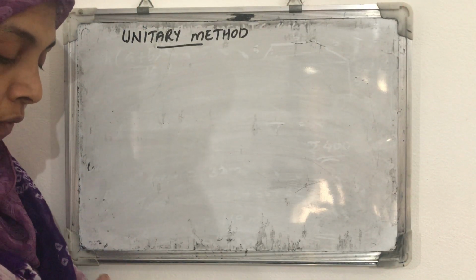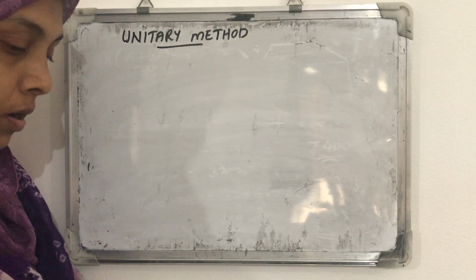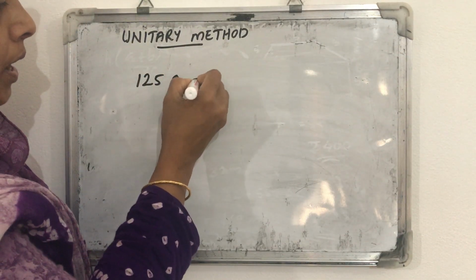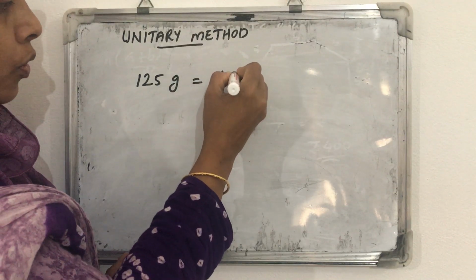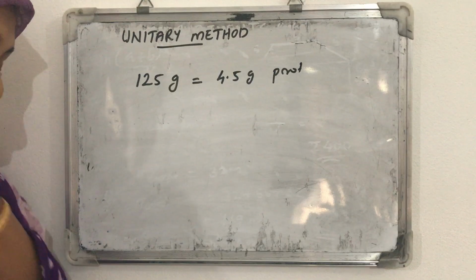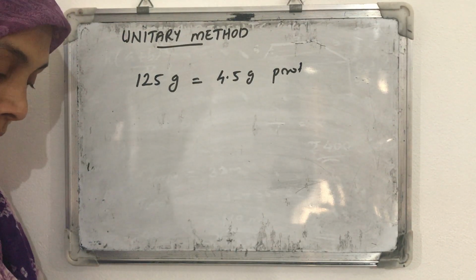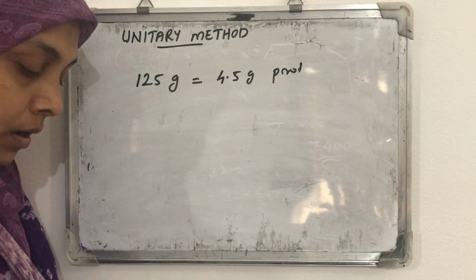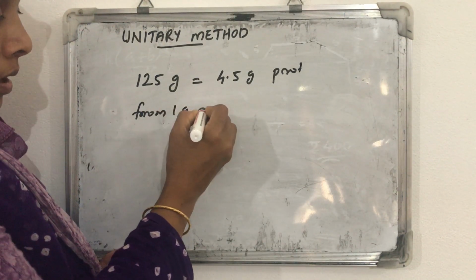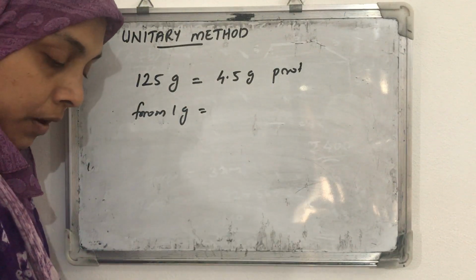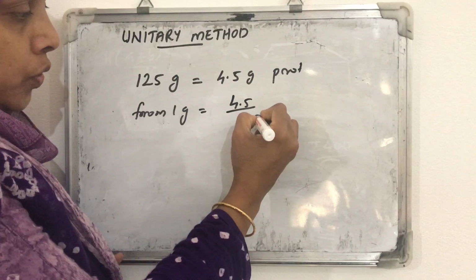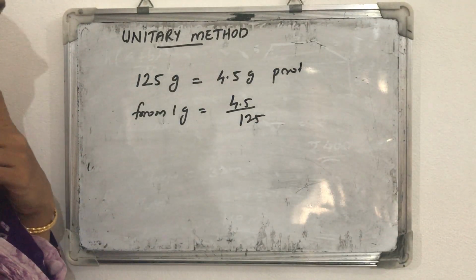So first we find what protein we get from 1 gram of yogurt. By the unitary method, it will be 4.5 by 125.